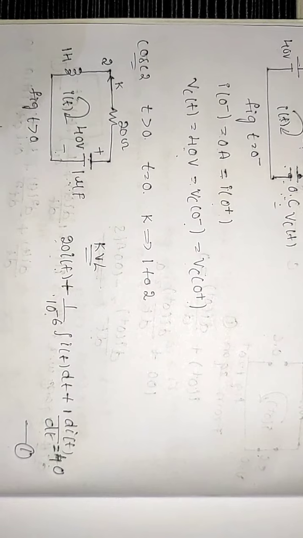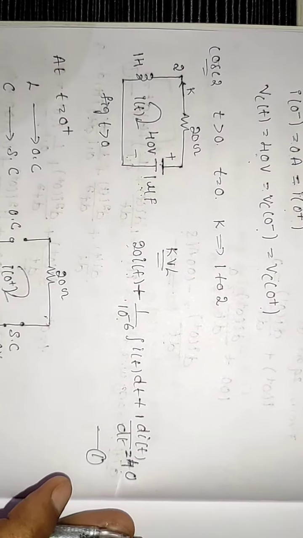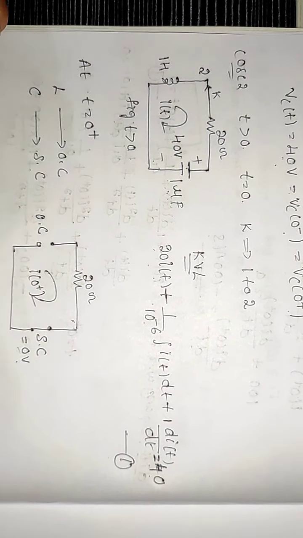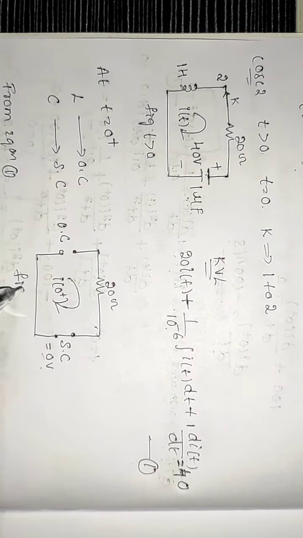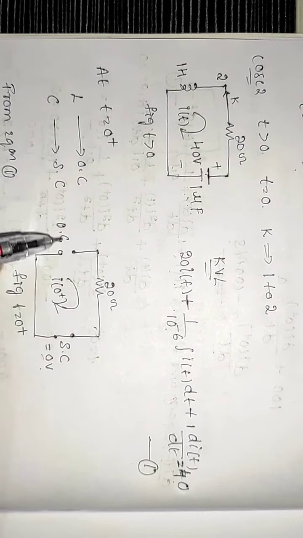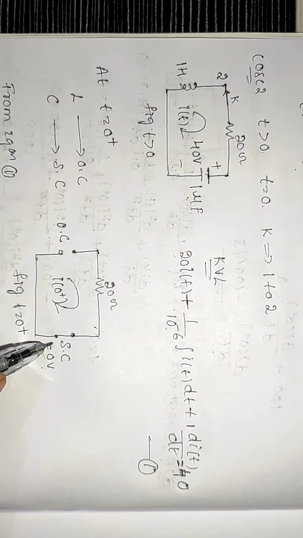Okay, so at t equals 0 plus, you know that the inductor acts as an open circuit and the capacitor acts as a short circuit. This is the figure for t equals 0 plus. Here the inductor acts as an open circuit and the capacitor acts as a short circuit.